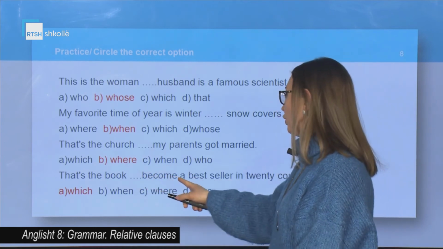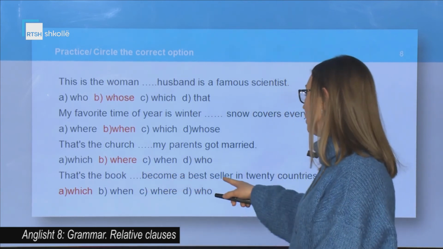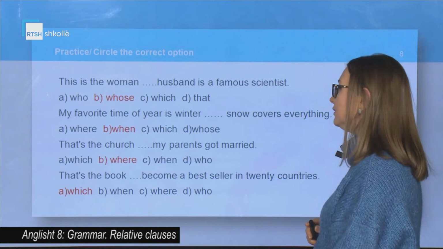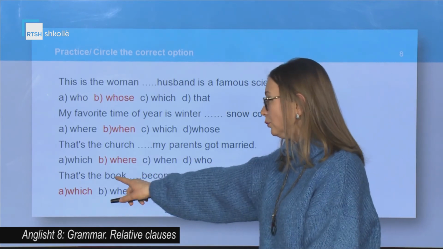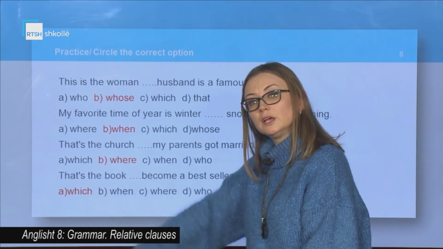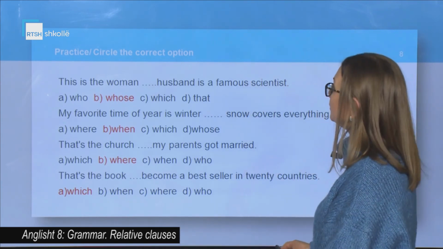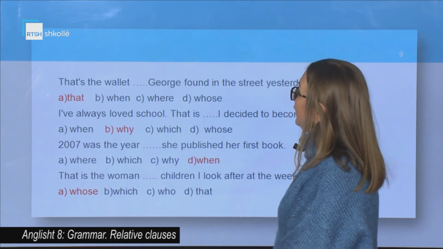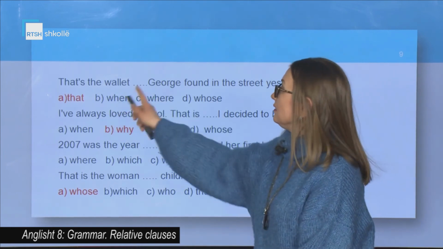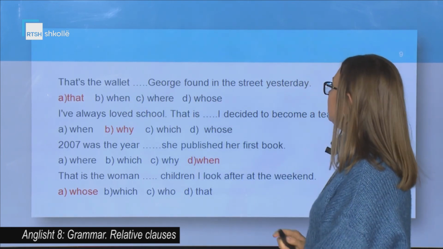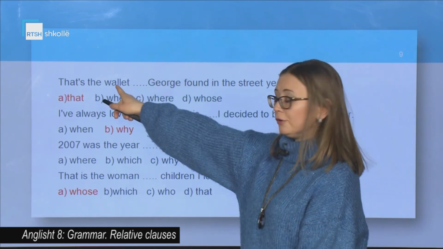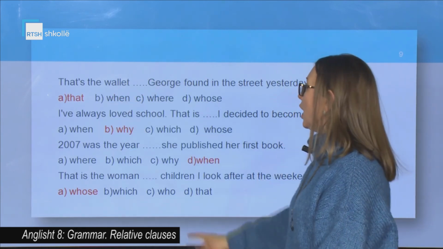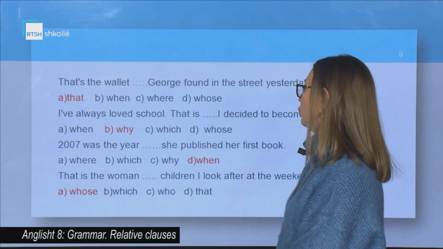That's the book which became a bestseller in the 20th century. We're talking about the book. That is why we used which in this case. Let's go on. That's the wallet that George found in the street yesterday. We are referring to the wallet. I've always loved school.